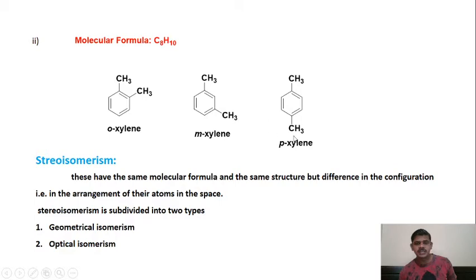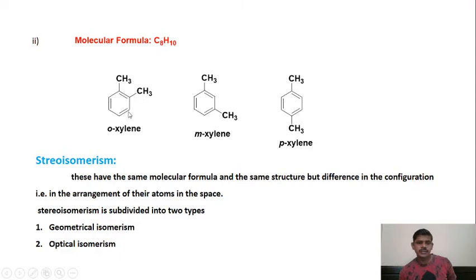Then in this example, paraxylene, one is attached to one carbon and the other to the opposite carbon of the aromatic ring. So this is the ortho position, this is the meta position, and this is the para position. These are the three examples in which the molecular formula is C8H10.